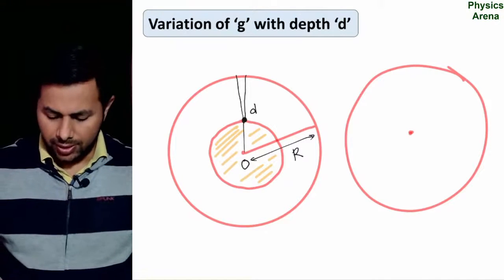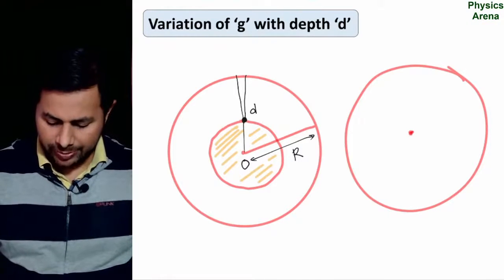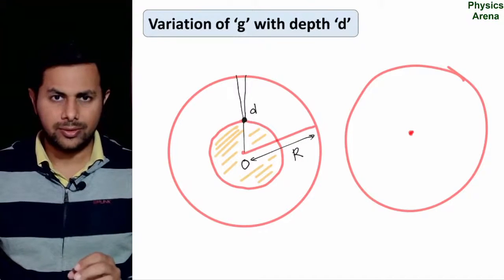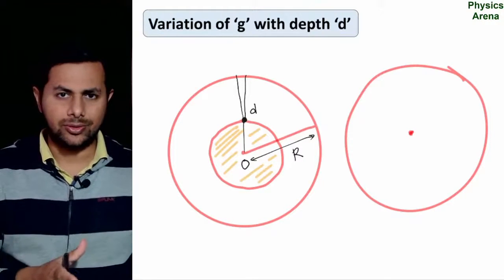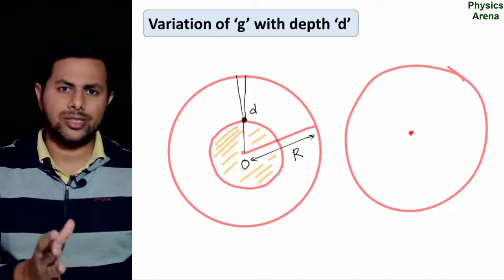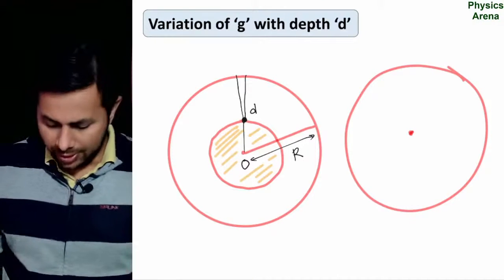That means the gravitational acceleration experienced by this mass due to the force exerted by the shell will be equal to 0, because force is just mass times acceleration. If force is 0, acceleration is 0.